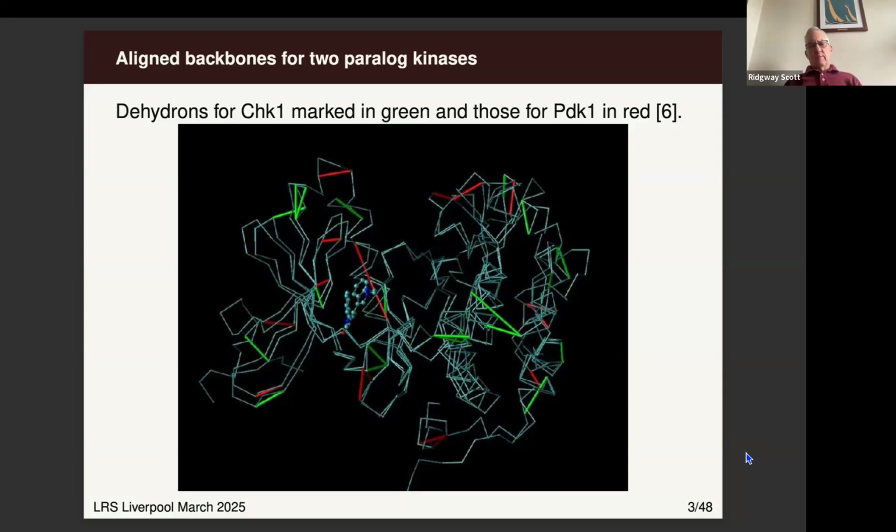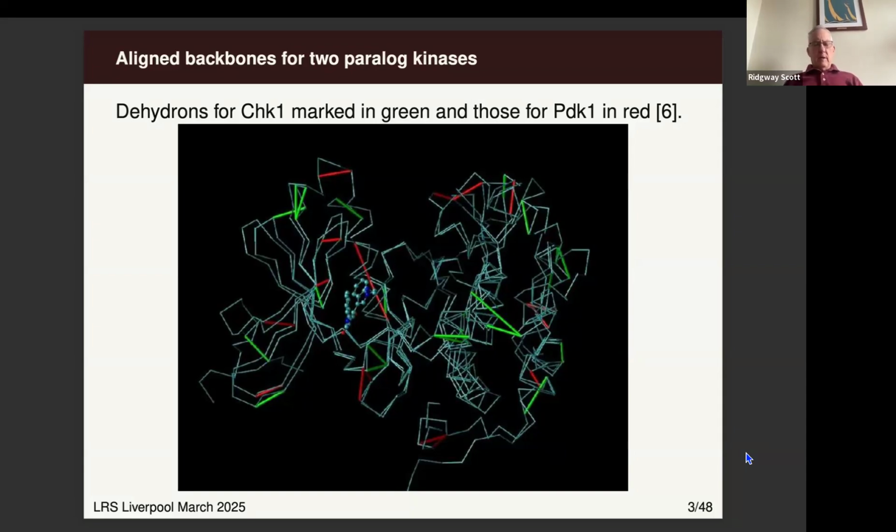So here are two very similar proteins, and we've marked certain hydrogen bonds called dehydrons. Some are in green for one of the kinases, and some in red for the other kinase.